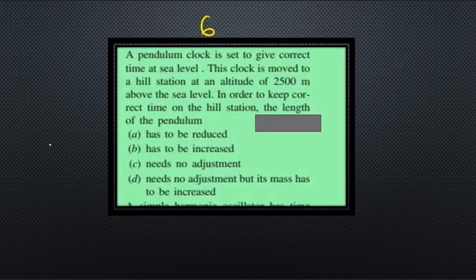Question number 6. A pendulum clock is said to give correct time at sea level. This clock is moved to a hill station at an altitude of 2500 meters above sea level. In order to keep the correct time on the hill station, the length of the pendulum... Right. Think of the answer.